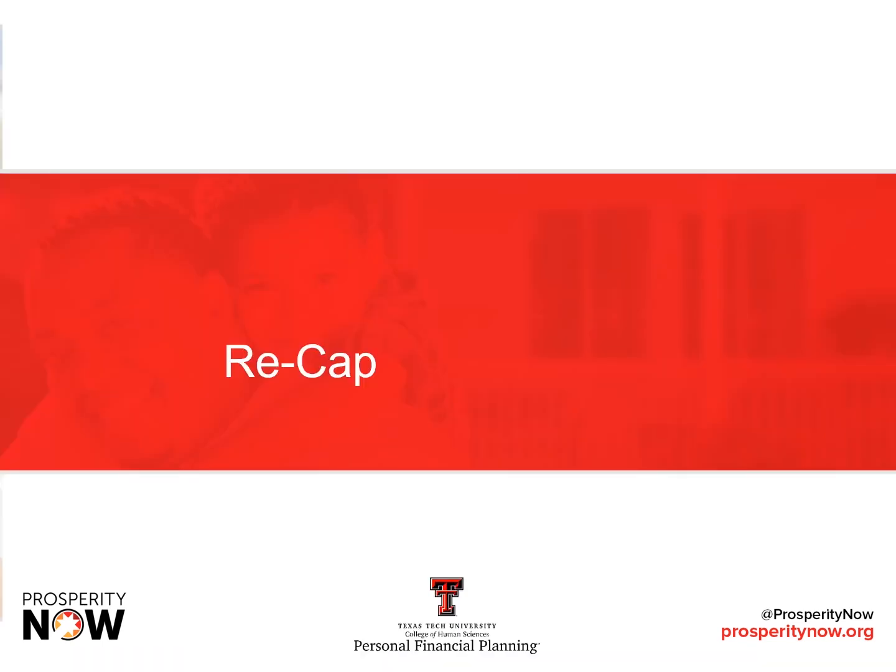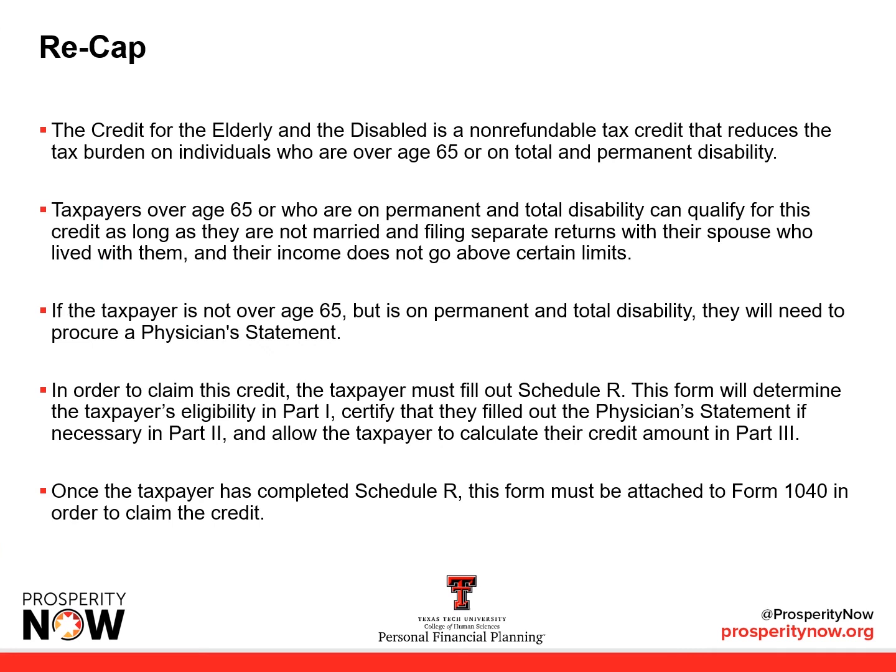So, let's recap. The credit for the elderly and the disabled is a non-refundable tax credit that reduces the tax burden on individuals who are over age 65 or on total and permanent disability. If the taxpayer is not over age 65 but is on permanent and total disability, they will need to procure a physician's statement.